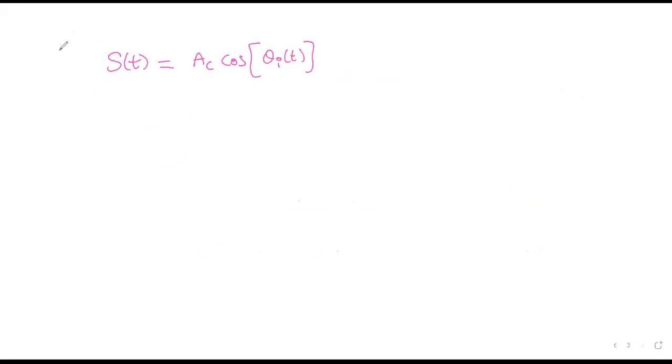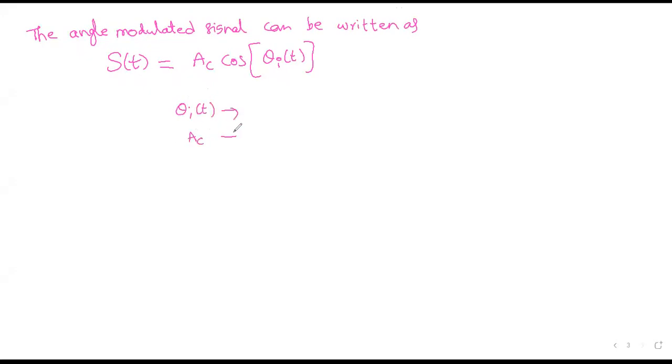S of t is the angle modulated signal, and it can be written as S of t equal to Ac into cos of theta I of t. Again, what theta I of t is and what Ac is, I have written over there.